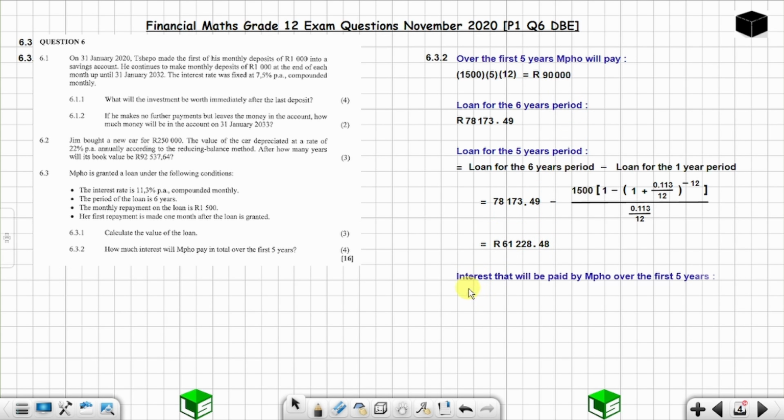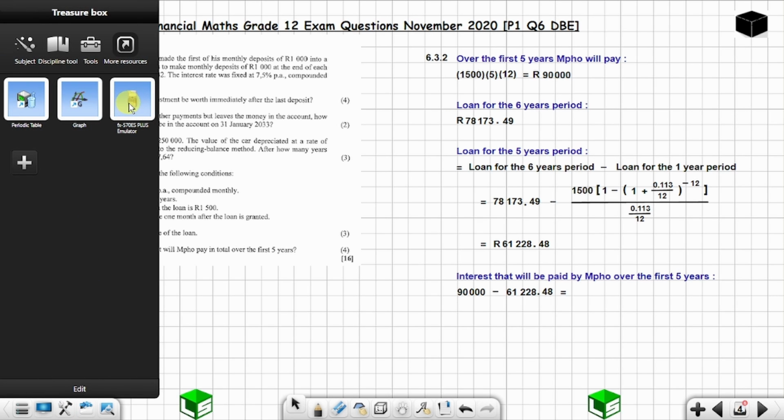So the interest that will be paid by Mpo over the first 5 years is this for 5 years minus the loan for 5 years. Now you can subtract. This is equal to, what do you get?